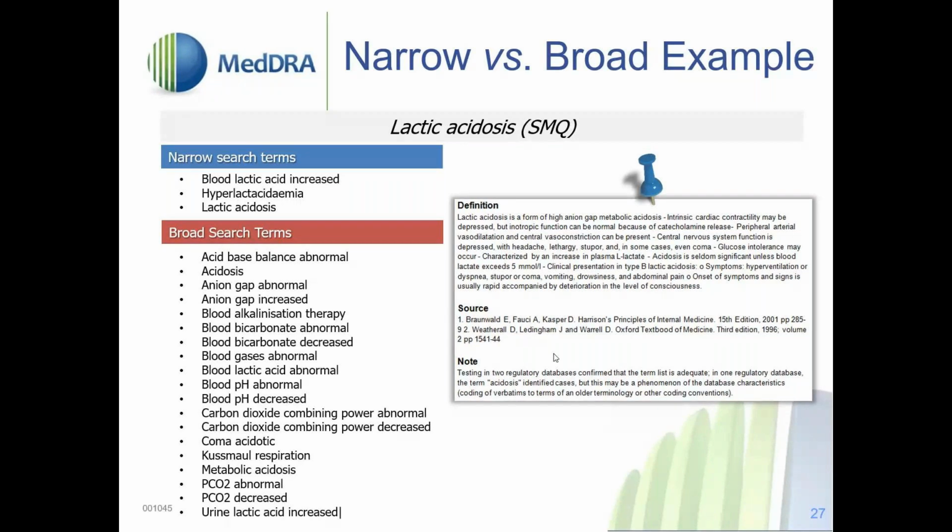So it's important to consider how broad you want to go, whether you want to focus on your topic or whether you're unsure whether the cases are reported and coded in the best way, and you want to retrieve everything which is related. Then you would take the broad search terms as well, but it would also increase the amount of cases you need to review to see whether they cover the topic of interest.